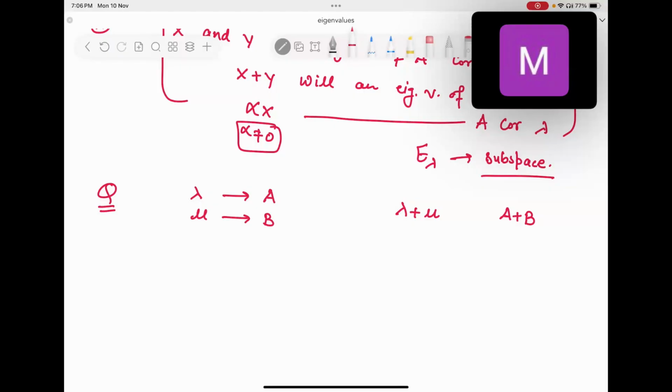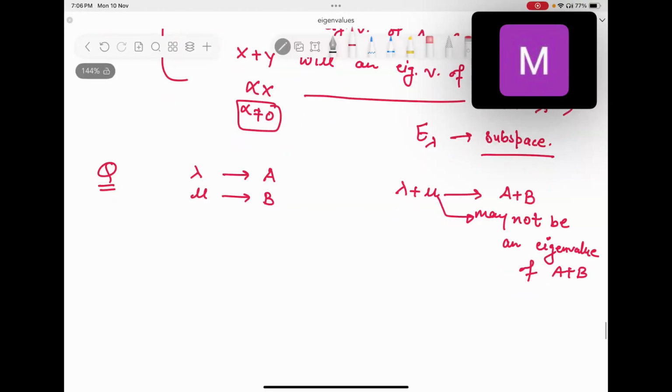Don't know, sir. It may not happen. It may not be an eigenvalue of A plus B.